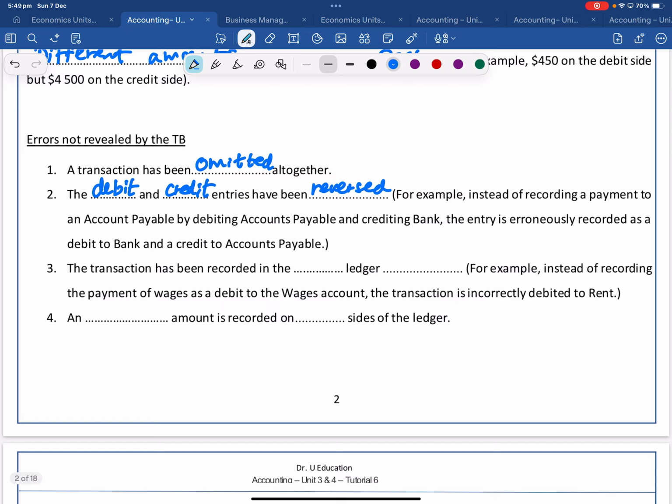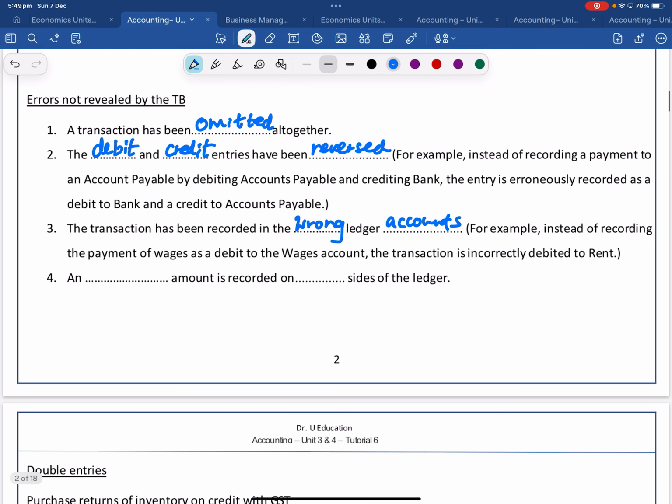Third one. The transaction has been recorded in the wrong ledger accounts. This is what I call errors of commission. Right? Last one, an incorrect amount is recorded on both sides.